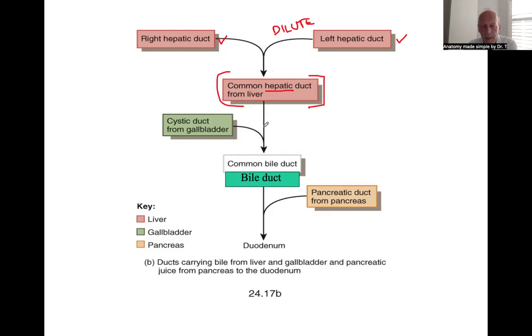On its way down into direction of hepatopancreatic ampulla, basically common hepatic duct becomes named into common bile duct. When? Only when a common hepatic duct carrying dilute bile joins the cystic duct from a gallbladder carrying concentrated bile.